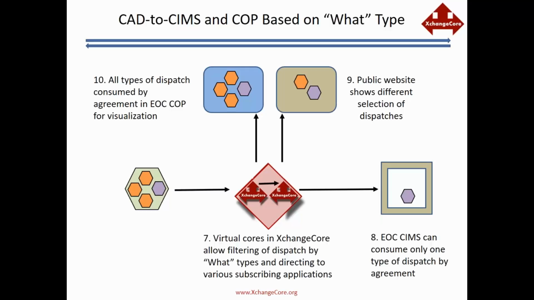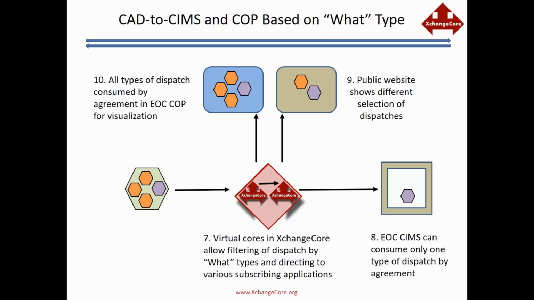The exchange that takes place between the two virtual cores is based on agreements and rules that allow filtering of the dispatch by the what type, the incident type. So I can go in and I can say, I want to only see incidents of a hazmat, or I only want to be able to share out the specific traffic accidents that don't involve any injuries because I don't want to run the risk of slipping in and exposing any HIPAA information.